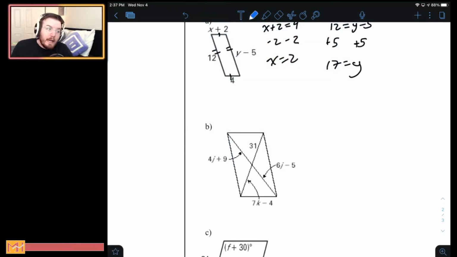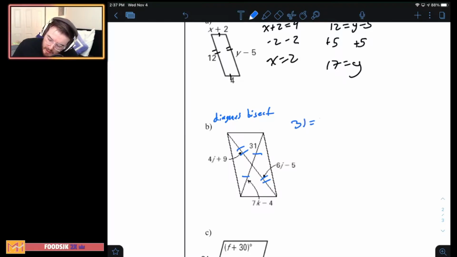A fact that you might not remember as quickly, I sometimes don't remember it as quickly, but nonetheless is still true, is that the diagonals bisect. Bisect meaning bi meaning two, sect meaning to intersect, so split apart. So they've been split into two equal pieces. So this piece is equal to this piece, and this piece is equal to this piece.